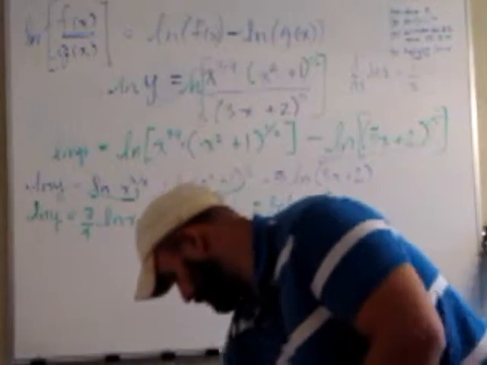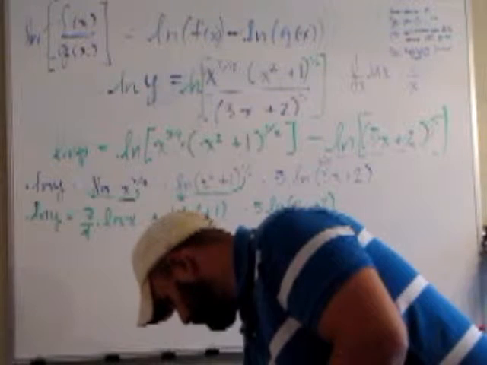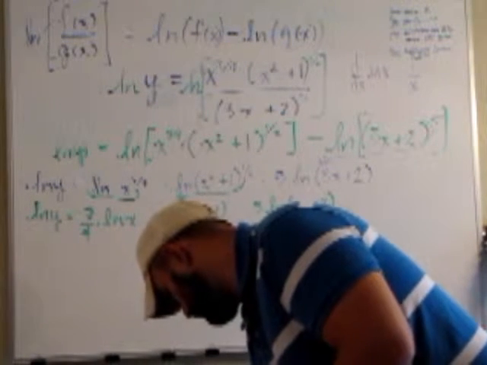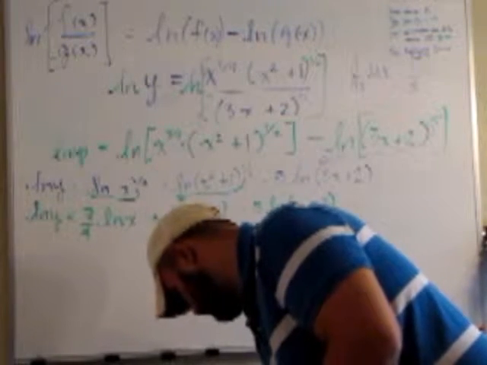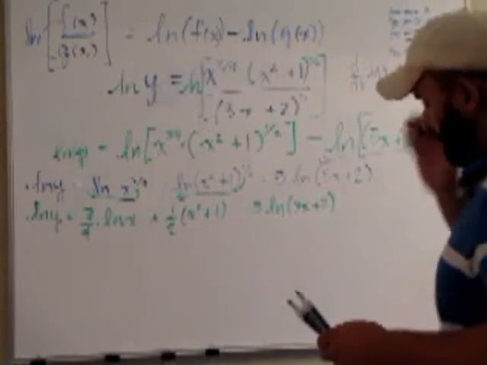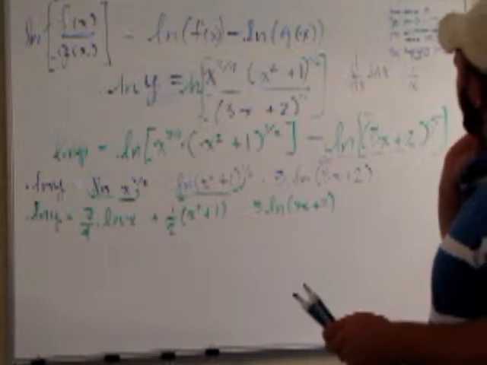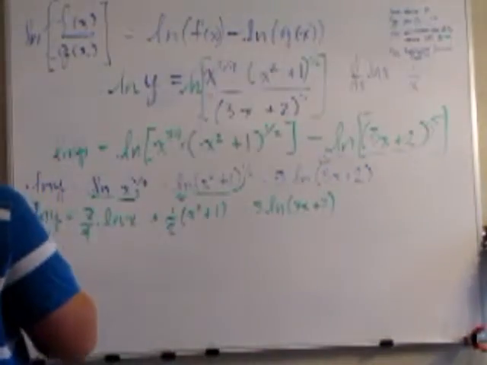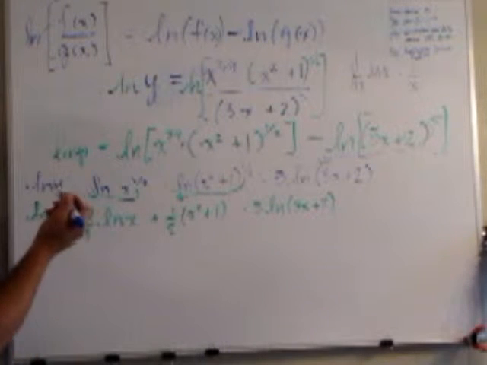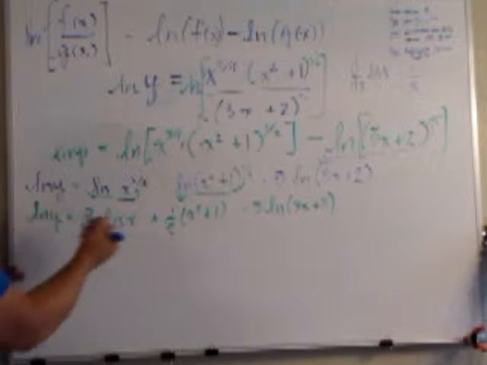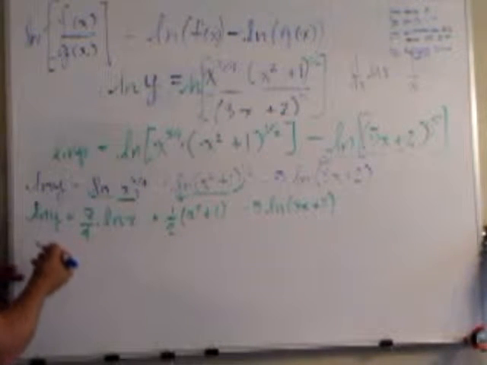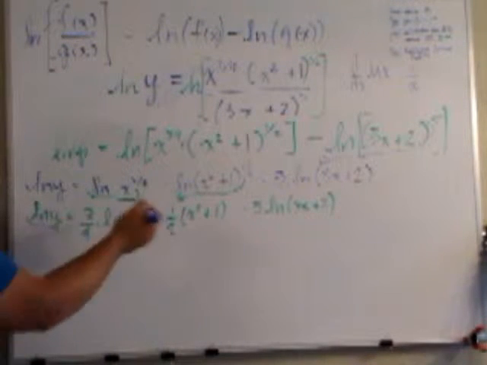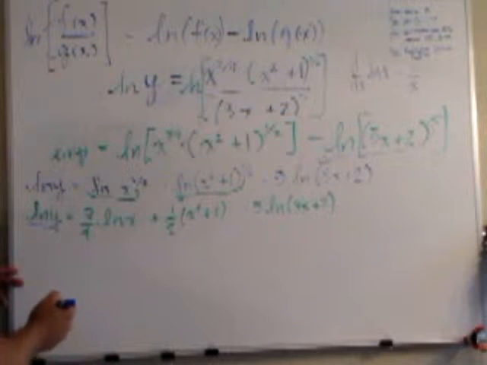I'm second guessing myself. Yeah. So we can start breaking this down. And the implicit part is that we have 2 variables here. So we're going to start taking the derivative of all this now.